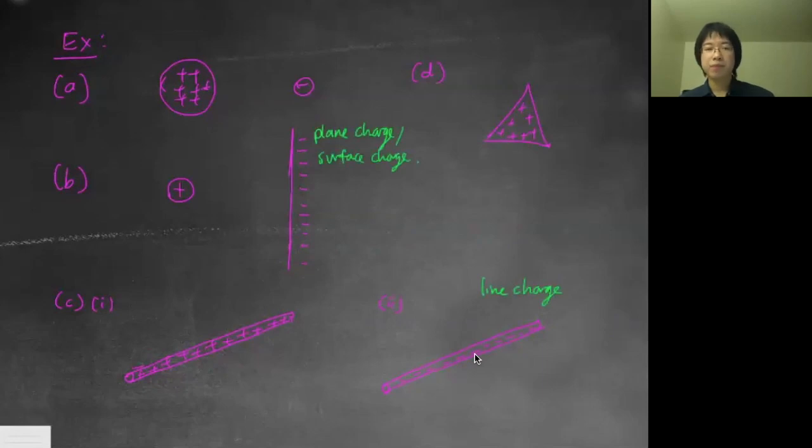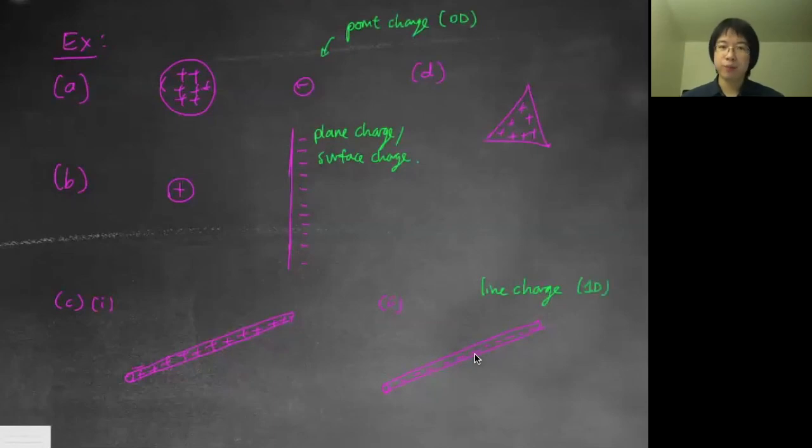And if you have single points like this, these are point charges. So in some sense, I'm just introducing some jargon: this is 0 dimension, this is 1 dimension, this is 2 dimensions. And if you have something like a pyramid, we don't have a special name for it.